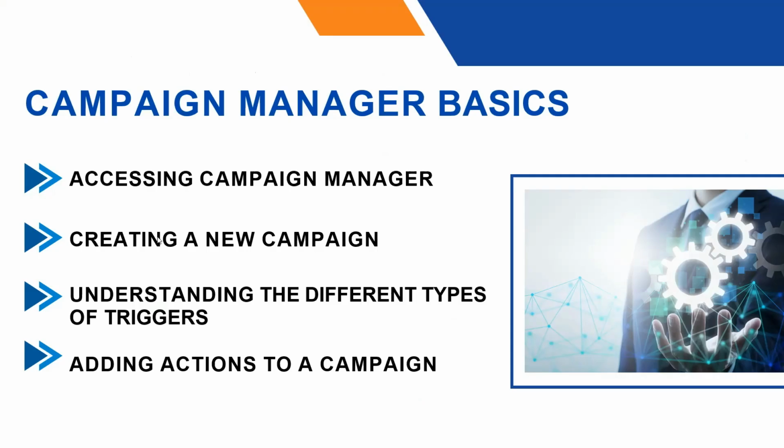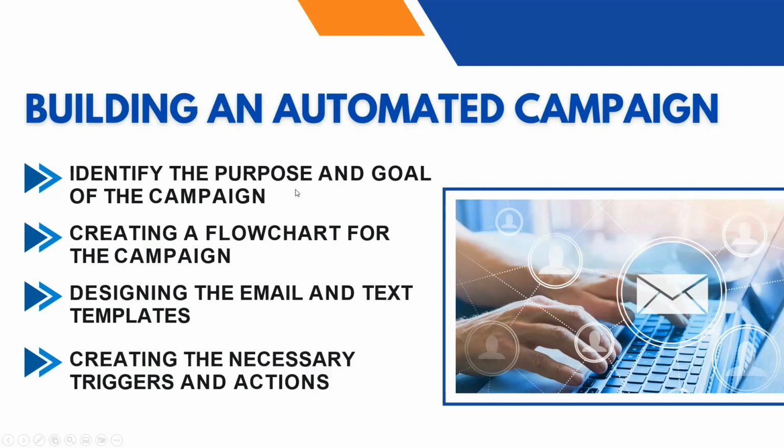It's just a flow chart of events that are going to be going out to your campaign. So we're going to create this new campaign. We're going to understand the different types of triggers that go through it, and we're going to try and identify the purpose and goal of what the campaign is going to do. In this case, we're talking about a buyer. But the first step is, you can jot this down on a piece of paper if you'd like, and make a flow chart of how you would like the contact to be reached.